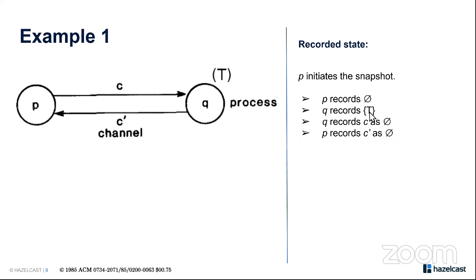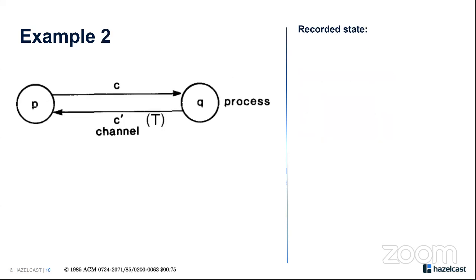As we see, it's consistent because T is there only once, in Q and nowhere else. But one important property of this algorithm is that the system doesn't stop while it is executed. This snapshotting, or recording of the state, happens in between all the work that the processes do.